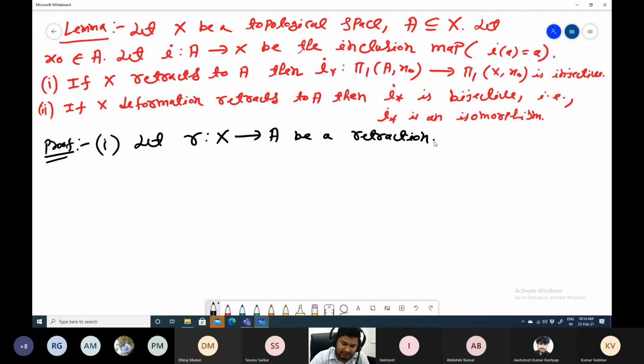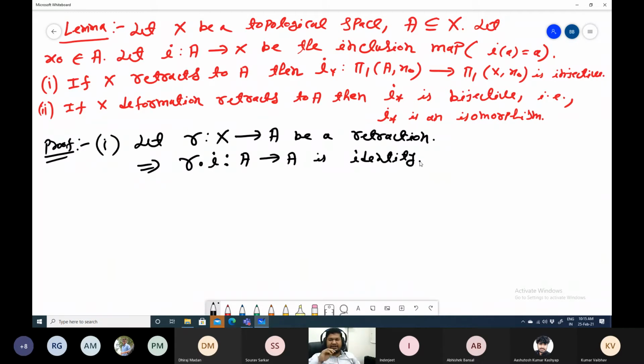Okay. Now since R is a retraction, that implies R composed with I, from A to A, is the identity. Is that clear? This is the identity.